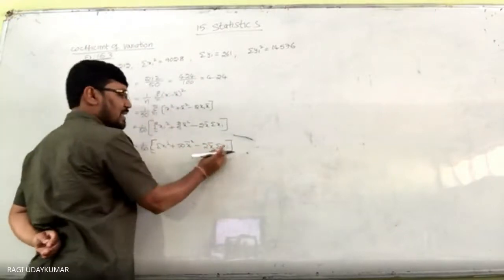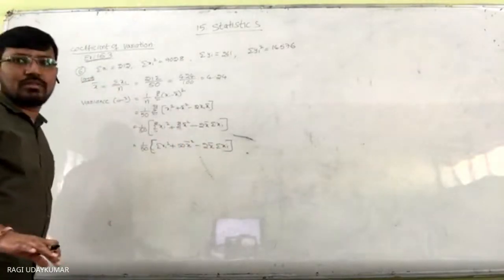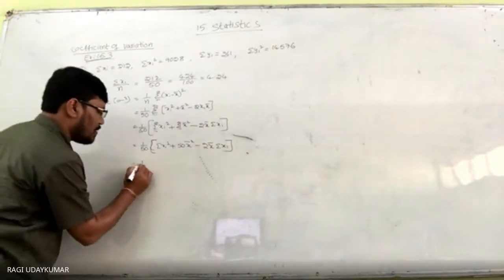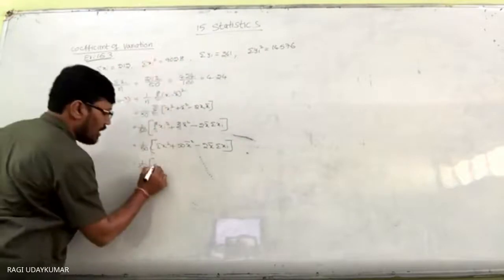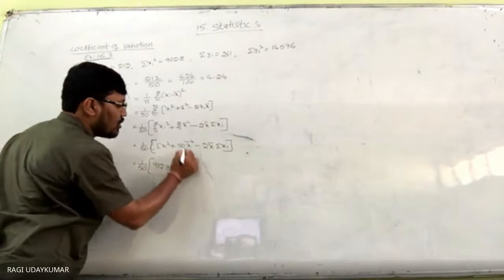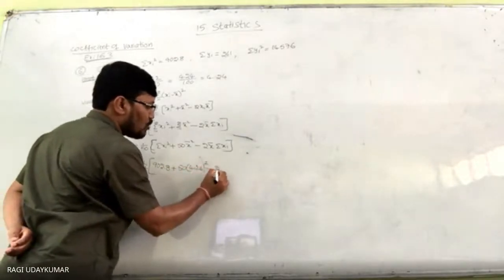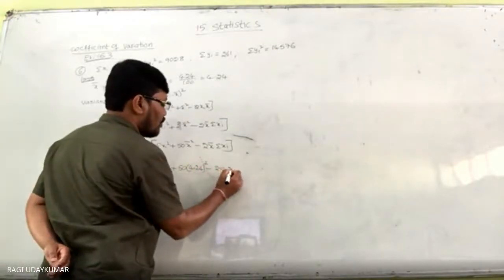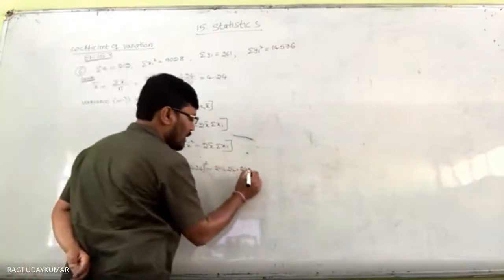Now substitute the sigma xi value, x bar square and x bar. So you get 1 by 50 into sigma xi square, 902.8, plus 50 into 4.24 whole square, minus 2 into 4.24 into sigma xi, which is 212.